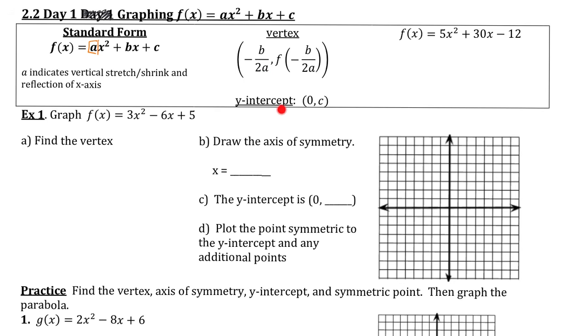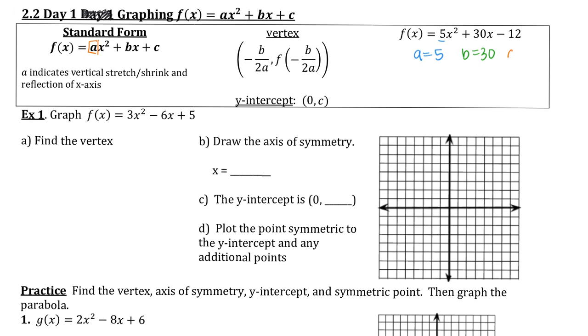The y-intercept is the y value you get when you plug in 0 for the x. If you plug in 0 for x, you end up with c. So the c value is always your y-intercept. On this equation on the right, the a value is the one with the x squared, so it's 5x squared. It's positive 30x, so the b value is 30.